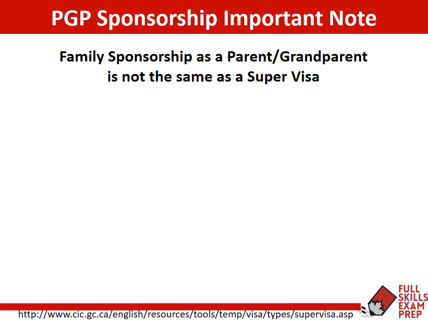Now, another important note, just because people ask about this sometimes, and some people who take the seminars seem to have a little bit of confusion regarding the super visa and parents and grandparents who can obtain permanent residency. Remember, these are two very different programs.